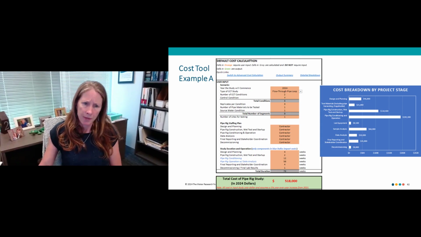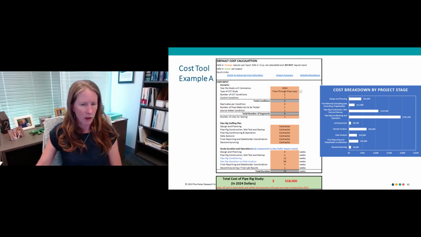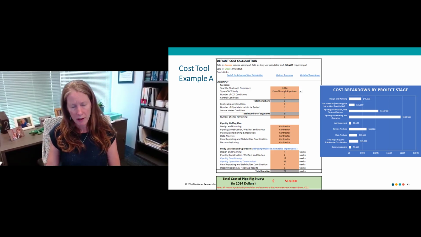So in this particular case study, what we're indicating is a study that would have 2 corrosion control treatment conditions they wanted to test, including a control. So the 2 corrosion control treatments tested in parallel with the control, 3 replicates per condition, 1 type of material to be tested.